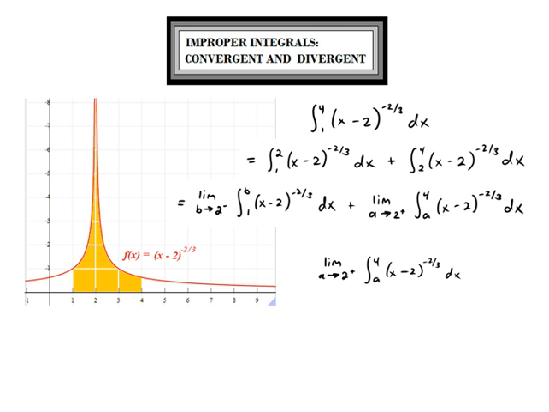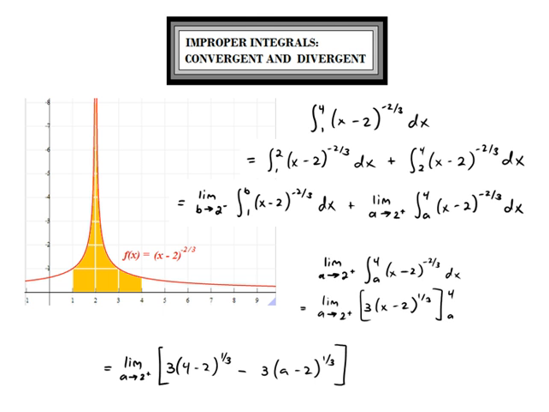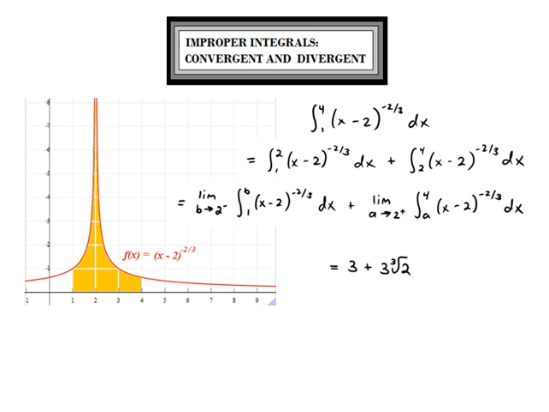We only need to evaluate the second integral since we're finished with the first. The process is going to be very similar. Find the antiderivative, apply the fundamental theorem of calculus, and we end up with 3 times the third root of 2. Add them together, and we have the total area under the graph from 1 to 4.